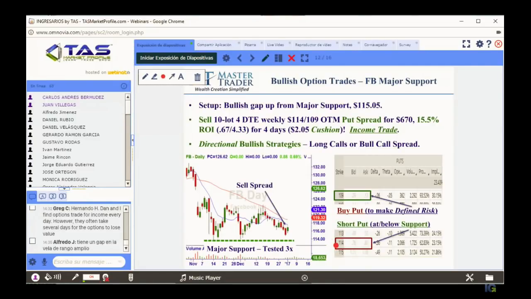So we trade at the midpoint. So let's go with 78 cents a share. So as long as Facebook stays above $114 in 4 days, because in this example, we selected options that expired that week in 4 days.